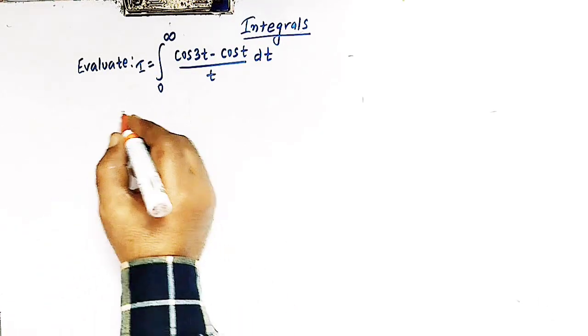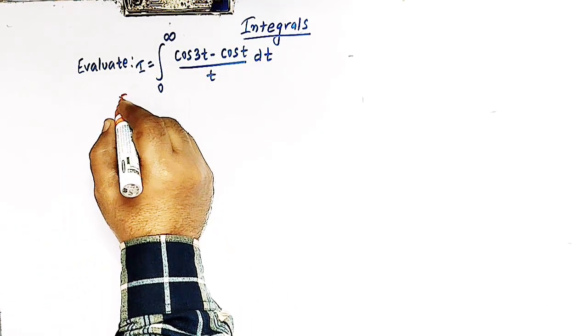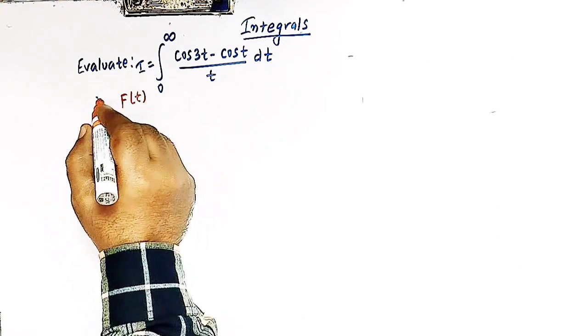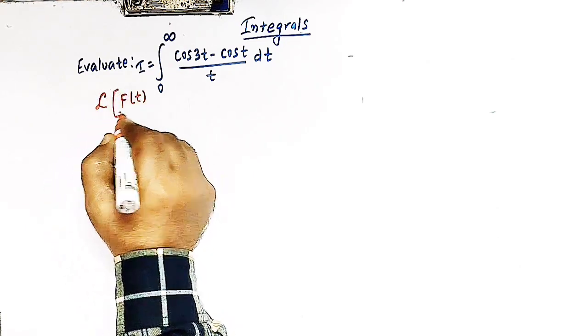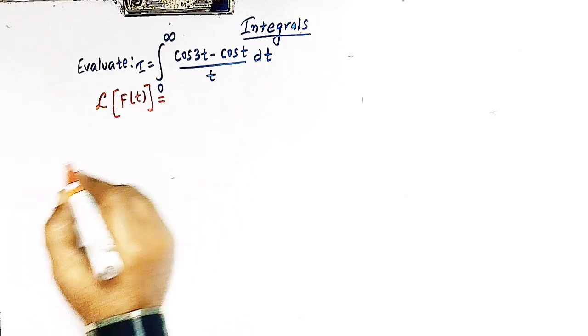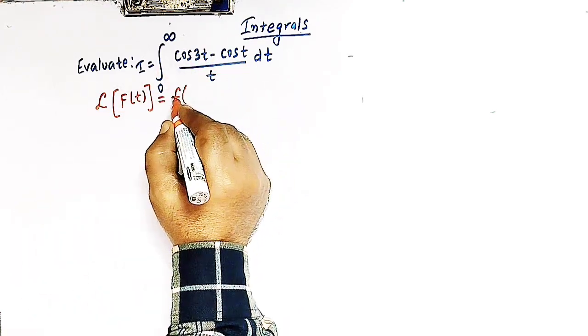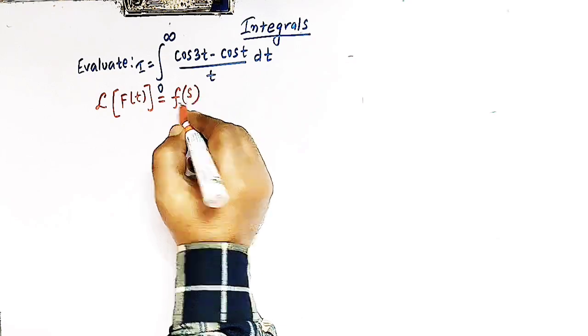The Laplace transform of this function f of t is denoted by the usual notation, that is F of s.